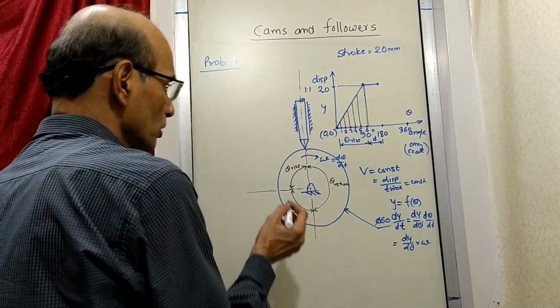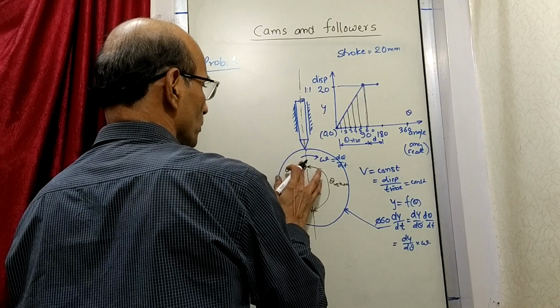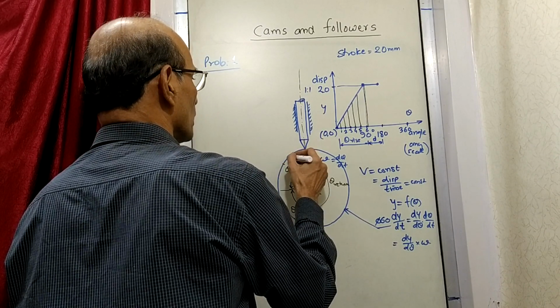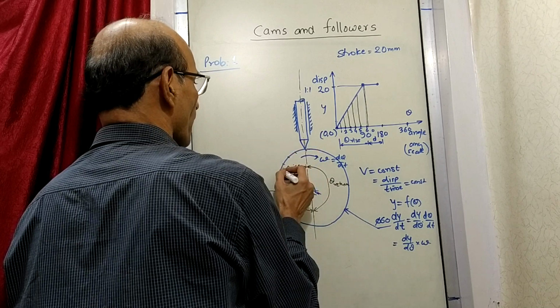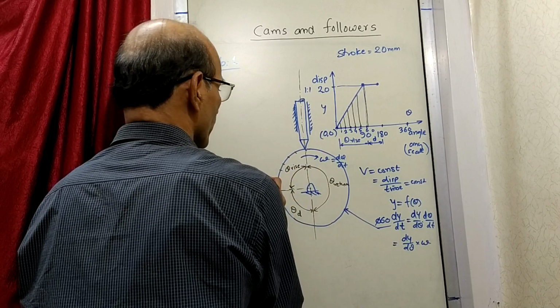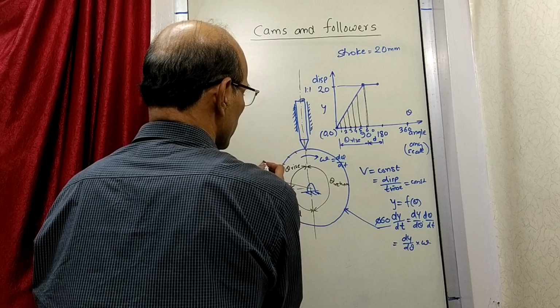Now here also, this 90 degrees you have to divide into 6 parts. So I'll draw them, say something like this, and then draw lines like this.